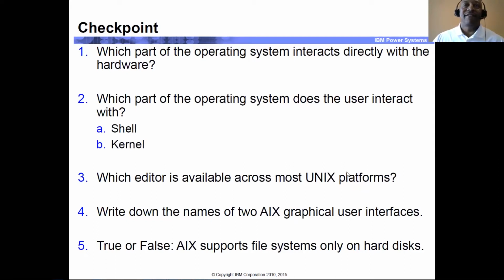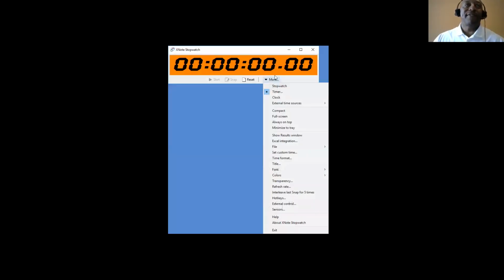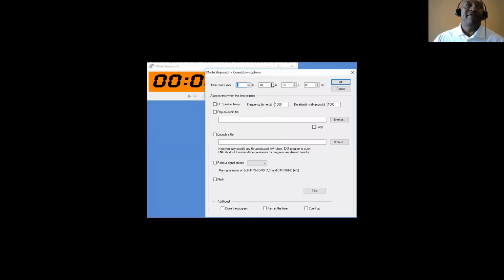Where did my clock go? Okay. Stopwatch, okay. All right, so we'll place up a timer and take our first break so that everyone can get accustomed and refreshed. The first break will be 15 minutes.